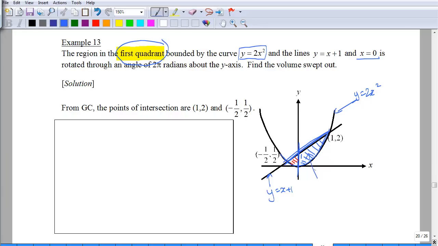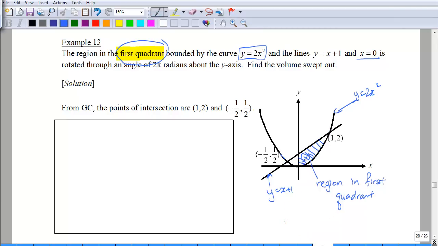So that tells us that we should be using the blue region. The red shaded region will be the region in the second quadrant. So we know the region to revolve around the y-axis has to be the blue region now.